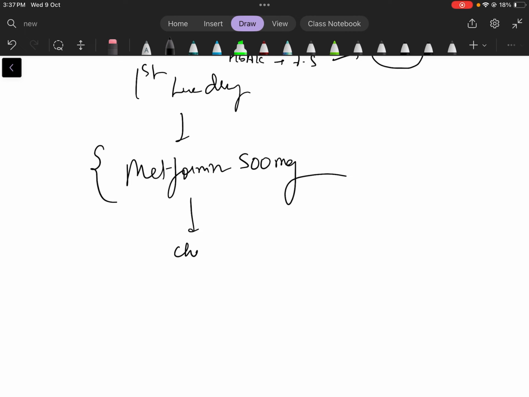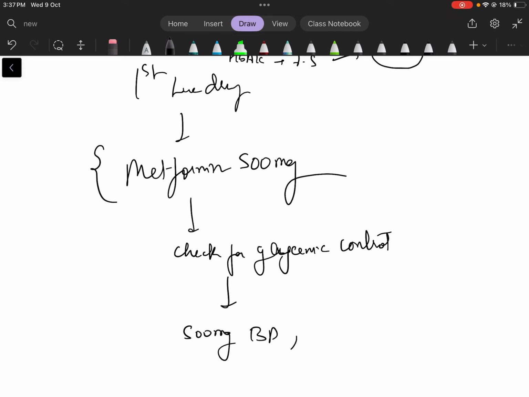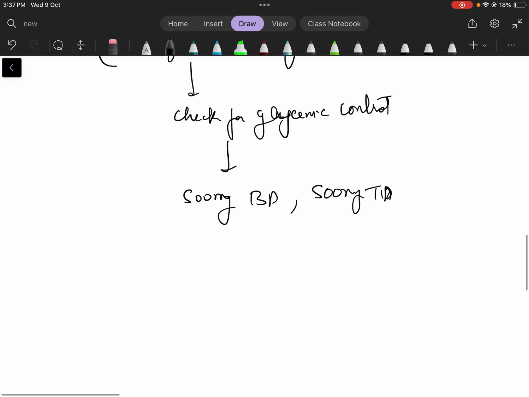You check for the glycemic control. If it's not improving, then you can step up the dose to 500 mg BD. Even 500 mg TID can be given. So the maximum dose of metformin which can be given happens to be 2 grams daily. So this is the dose.